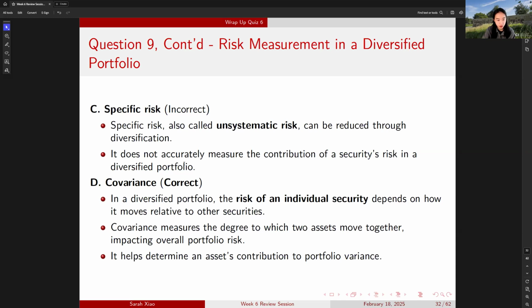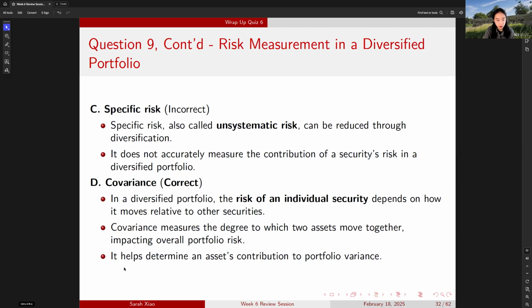Finally, we consider covariance. In a diversified portfolio, the risk of an individual security depends on how it moves relative to other securities. Therefore, covariance measures the degree to which two securities move together, which will impact the overall portfolio risk.